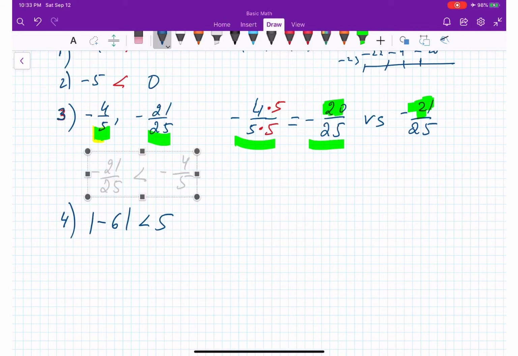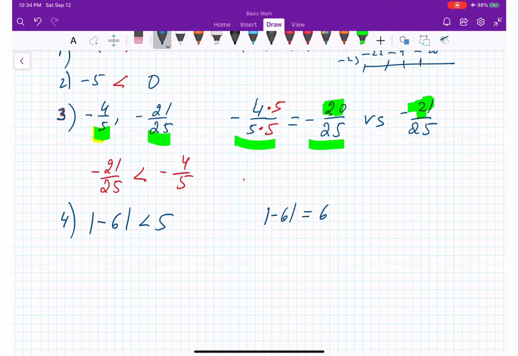When we have the absolute value of -6, what is absolute value? It is a distance. Absolute value is distance. Distance we never measure in negative numbers, right? When you're driving, do you drive backwards to go negative? No. It's always positive, right? Distance is always measured in positive. Therefore, the absolute value of negative 6 is going to be 6.